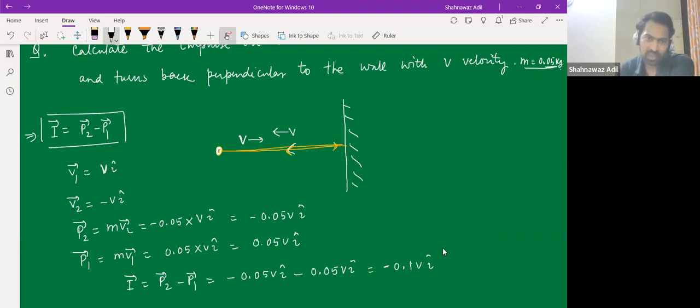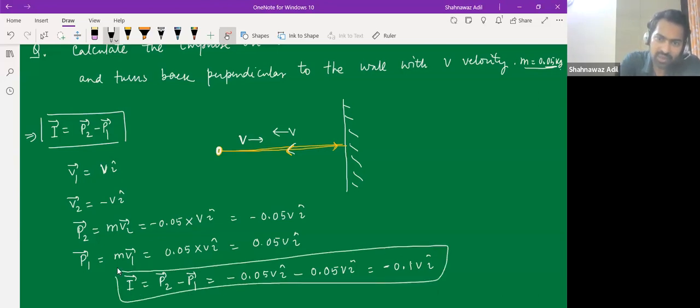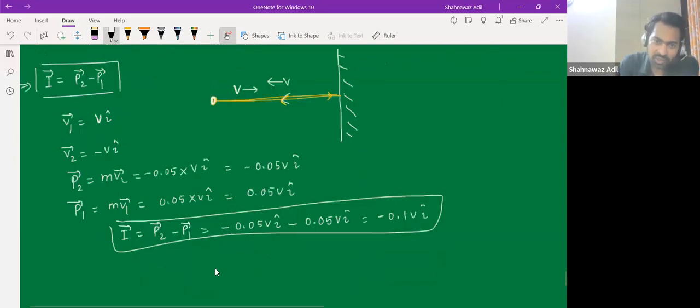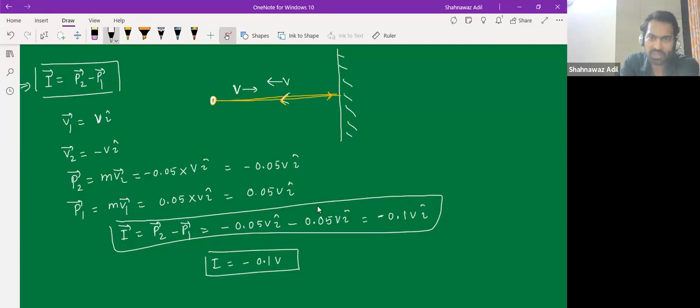Yes, sir. So this is the impulse imparted to that point, right? If I calculate the magnitude, this would be minus 0.1. Minus signifies that it is in the opposite direction.